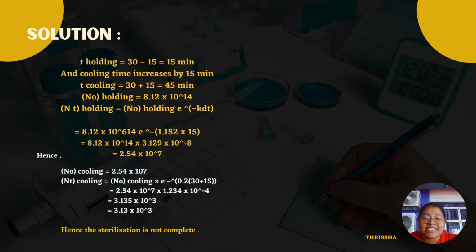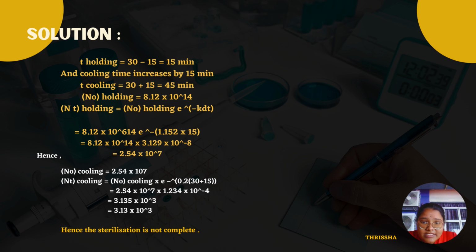Now let's find NT cooling, so that we can know the last batch of cells surviving after the end of the sterilization. NT cooling equals N naught cooling exponent negative KD t. N naught cooling is what we already got, which is NT holding.